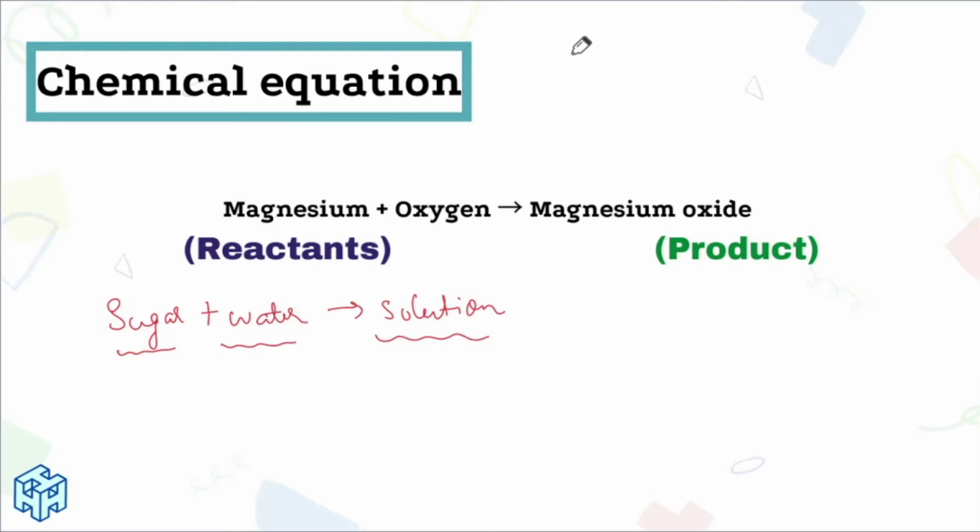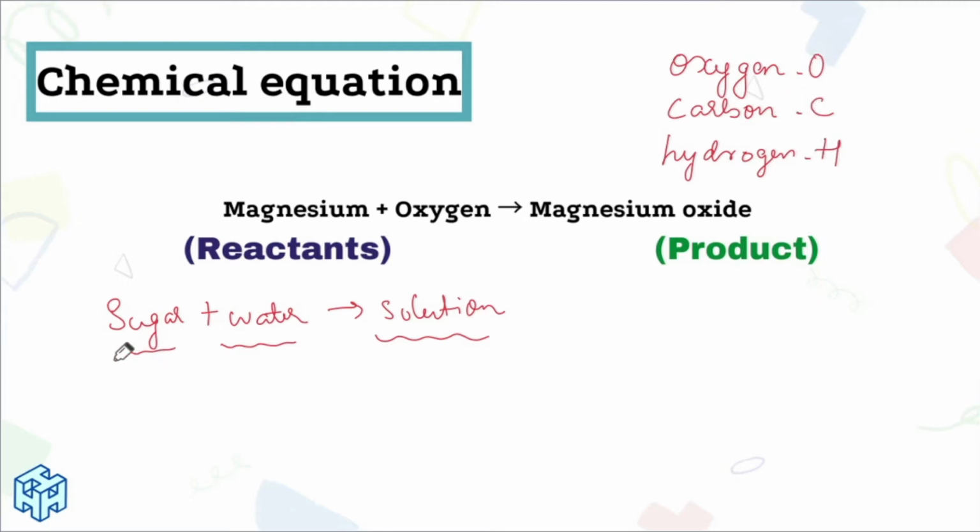For example, for oxygen the symbol is O. For carbon, C. For hydrogen, H. Similarly, every element has a representation.